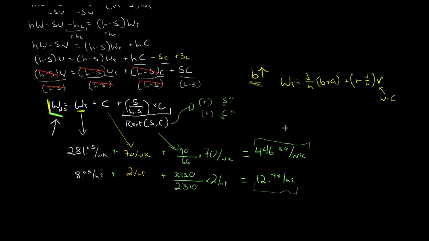If your unemployment benefits increase, all else equal, higher values of B, you're going to have a higher reservation wage. If you have a higher reservation wage, all else equal, you're going to have a higher non-shirking wage as well. And so you're going to demand that if your unemployment benefits are more substantial.